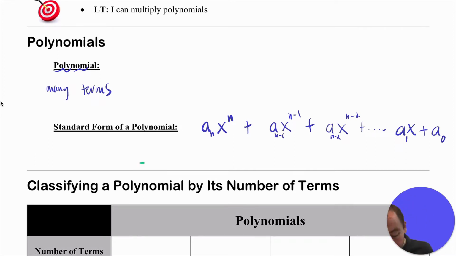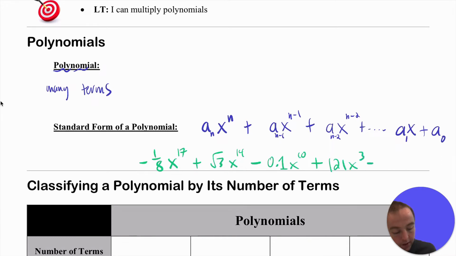So by example, if you had negative 1/8 x to the 17th, and the exponents have to be whole numbers, plus the square root of 3 times x to the 14th minus 0.1 x to the 10th plus 121 x to the third minus 1x plus pi, that would be an example of a polynomial, and it's also in standard form since the exponents go in decreasing order.